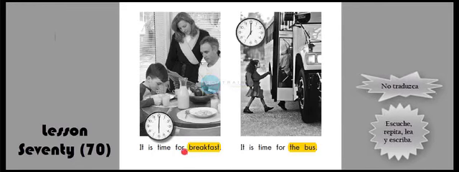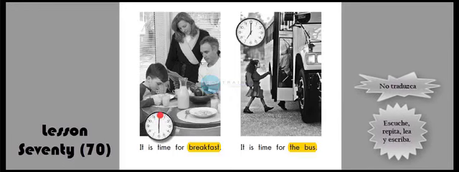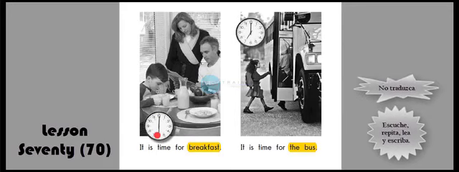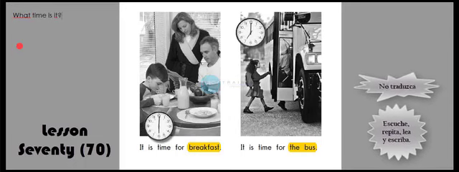What time is it? Look, the minute hand is at 12 and the hour hand is at 6. So it is 6 o'clock. What time is it? Or what's the time?